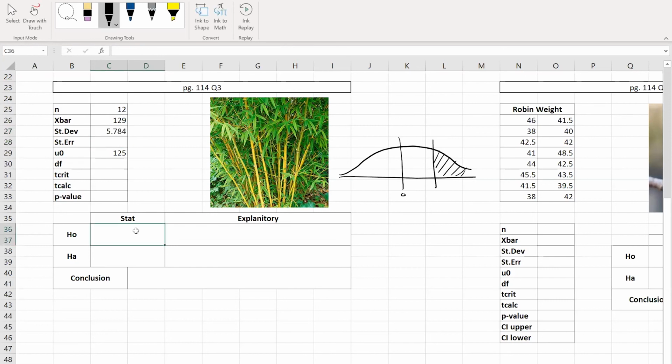So our null hypothesis is that our X bar is less than or equal to this 125. And our alternative is that our X bar is greater than this 125 centimeters.